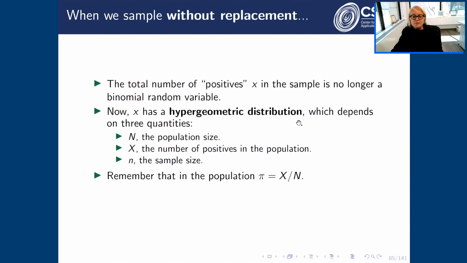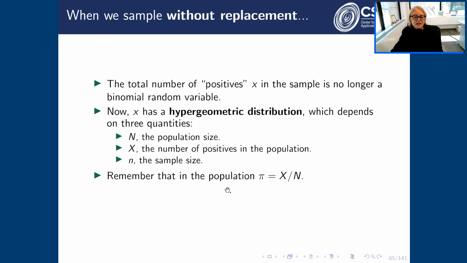So remember, the binomial model depends on the sample size n and on the probability of success pi. The hypergeometric distribution depends on the sample size n, yes, but it also depends on the population size and on the number of positives in the population.